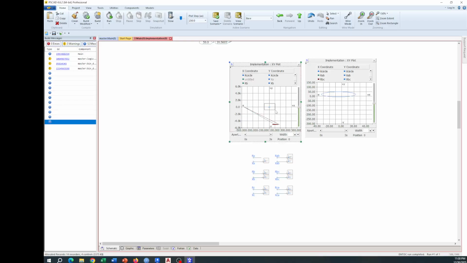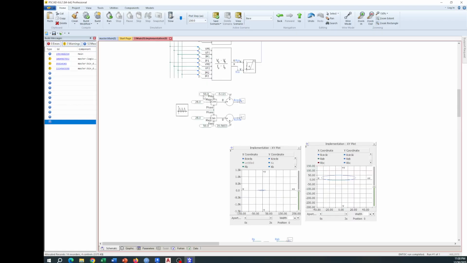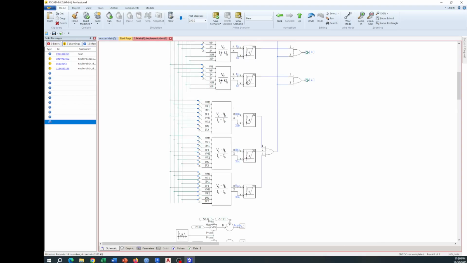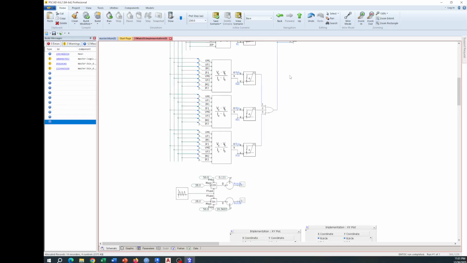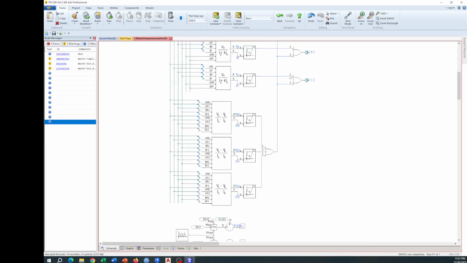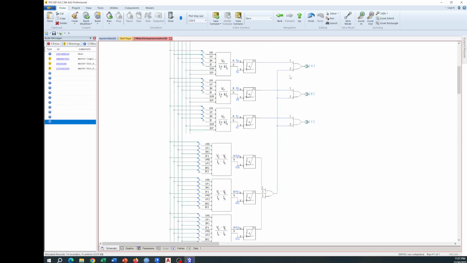Actually, I used this block from this PSCAD example file. Instead of the circle mho relay, I used a polygon relay to show you how you can use the PSCAD software to implement a distance relay.